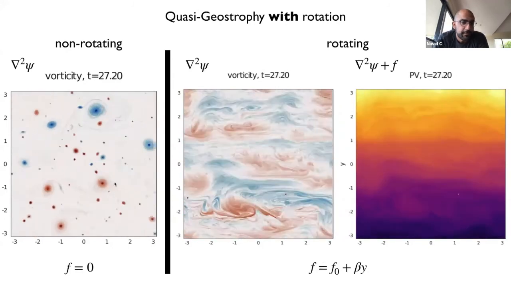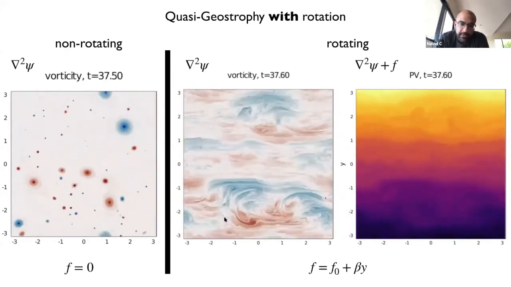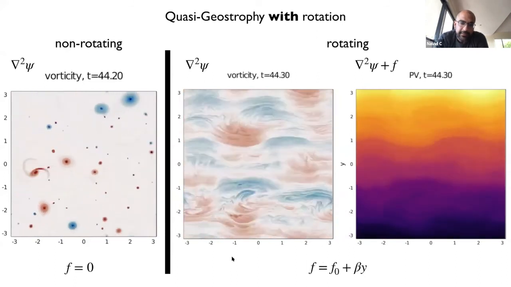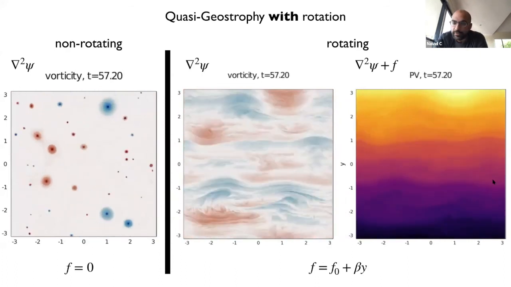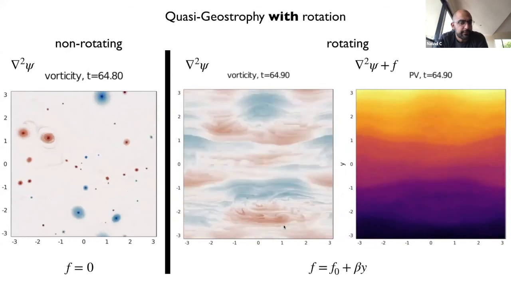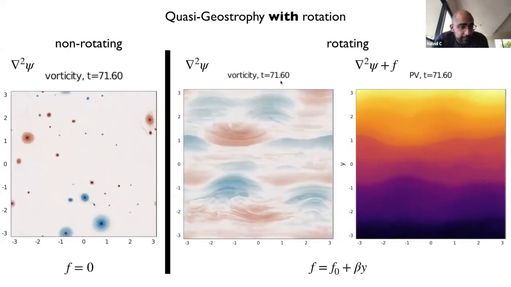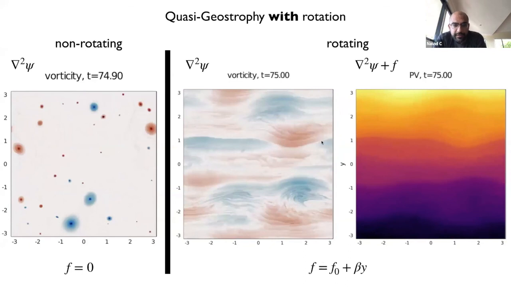We see some vortices merging, but what we clearly see is that the flow becomes very anisotropic and very zonally elongated, very different in the zonal direction than in the meridional direction. And you can see that 2 or 3 jets have formed, and you can also see that this quantity that we call potential vorticity has formed these sharp fronts, that it's very mixed here, and then you can see a jump, and then very well mixed here.